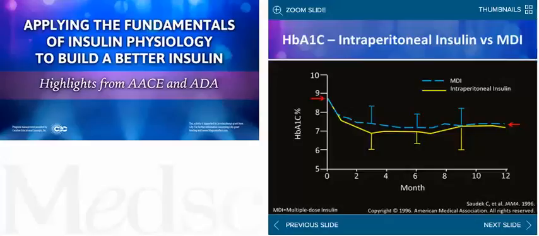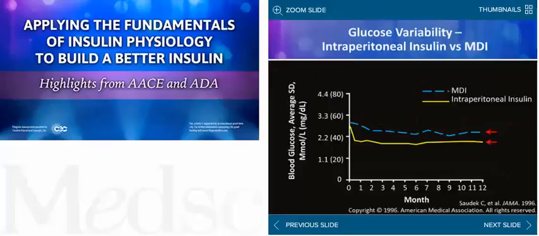What were the differences in the two groups? First, looking at glycemic control as measured by hemoglobin A1C, started at about 8.8% and came down to around 7.5%, the same in both groups. So there was no difference in glycemic control whether you gave insulin intraperitoneally or through multiple daily injections subcutaneously.